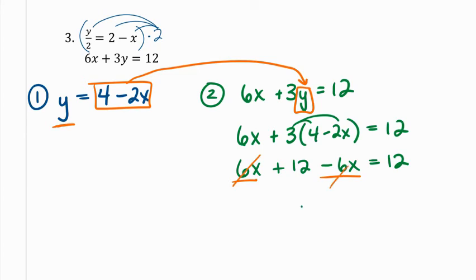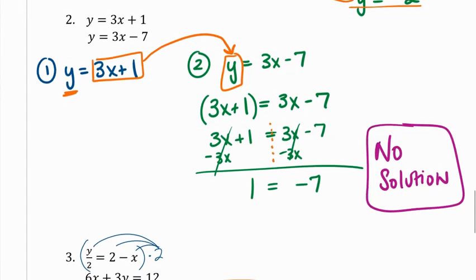So then we're left with 12 equals 12. That's true. There's no variable. Up here, we lost our variable, but it was false, so that means it's no solution. They don't ever cross.